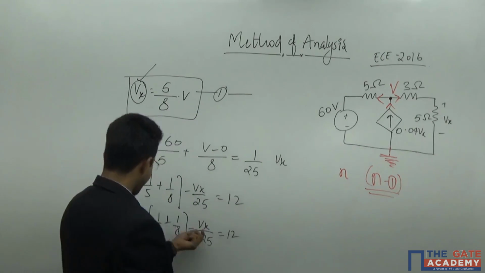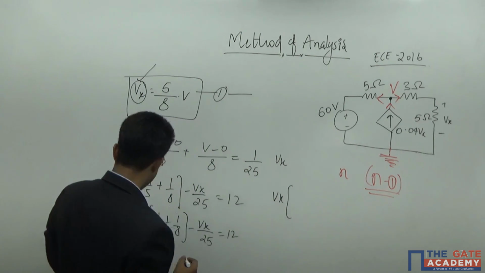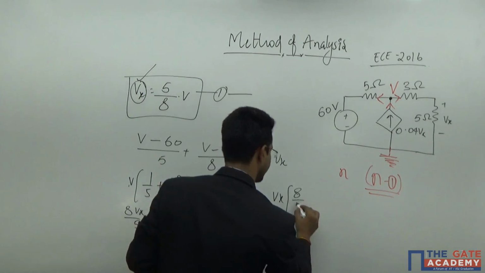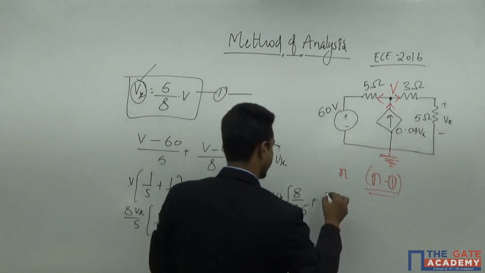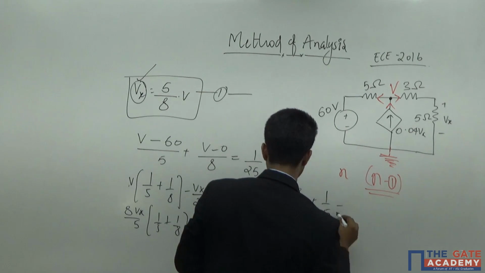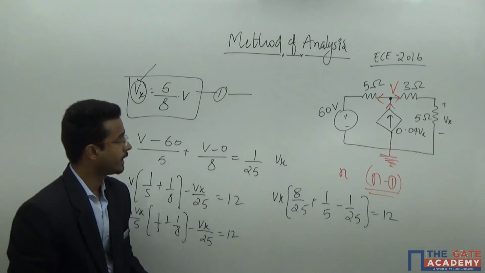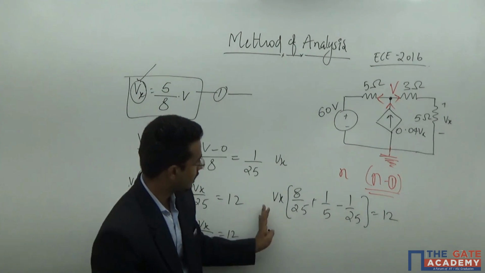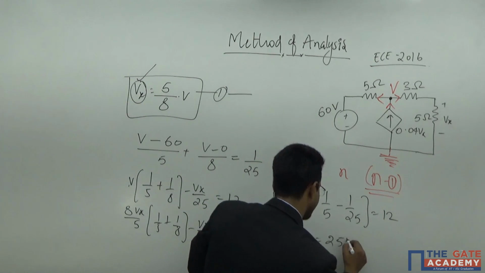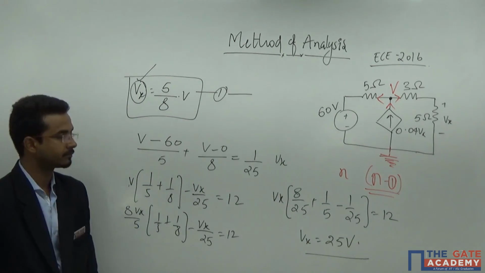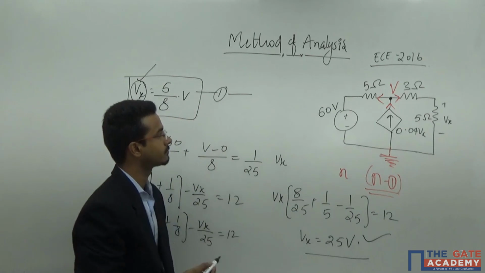Now just take the common Vx from here: Vx times (8 by 25 plus 1 by 5 minus 1 upon 25) is equal to 12. If you calculate the values from here, you will get Vx is equal to 25 volts. And this is the simple calculation of the nodal equations.